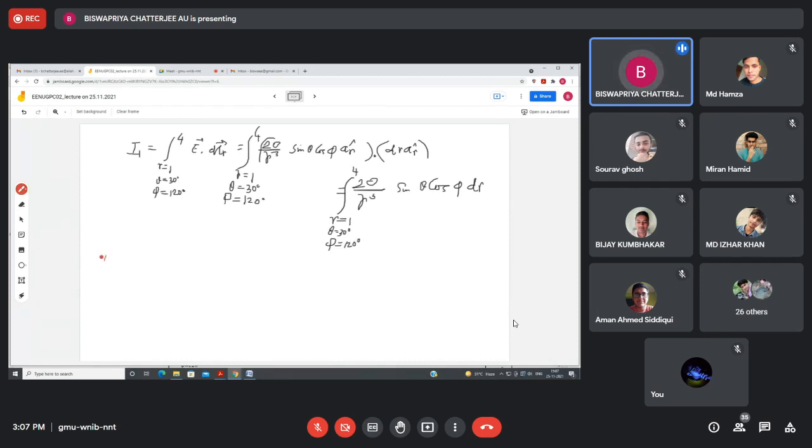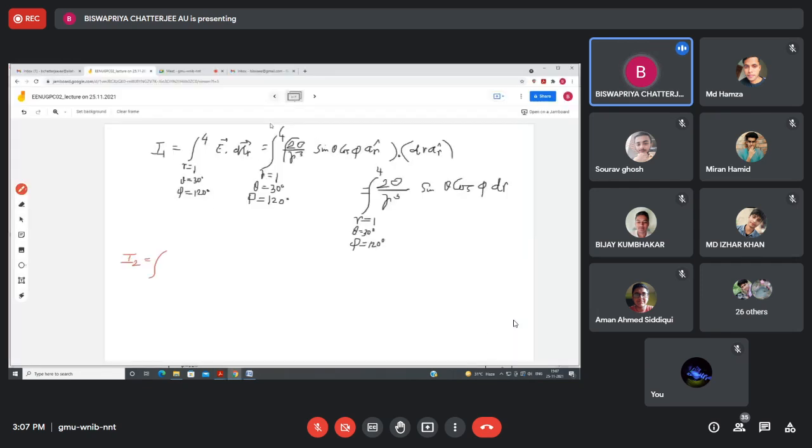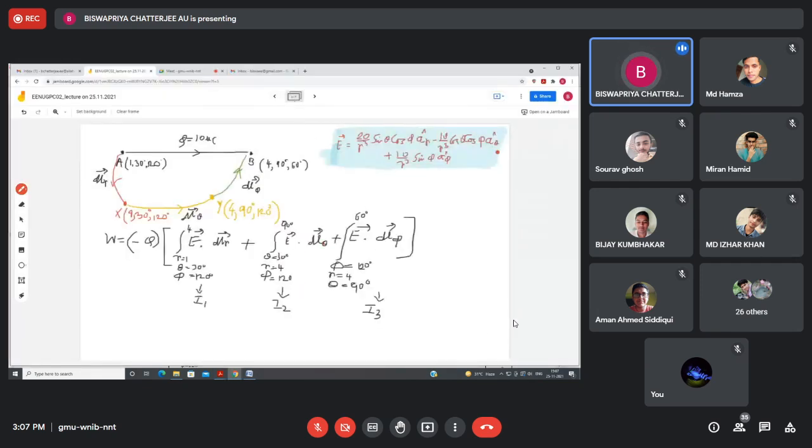Similarly, if you carry out I2, only the theta component will exist.